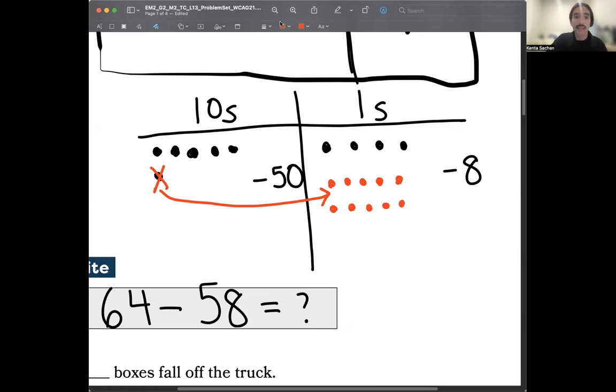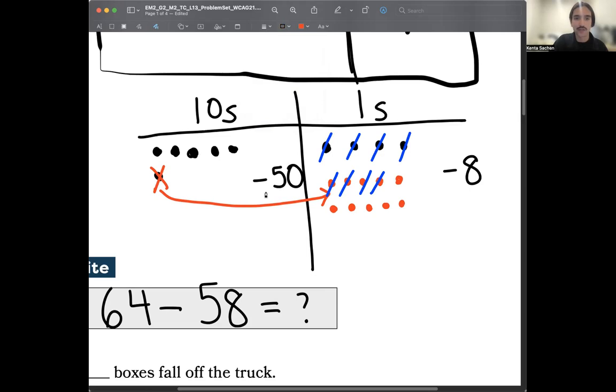Now we can take 8 of them away. Okay? So now we're going to cross 8 of these out, 8 ones. 1, 2, 3, 4, 5, 6, 7, 8. Okay. All right, so we've subtracted our 8 ones successfully.